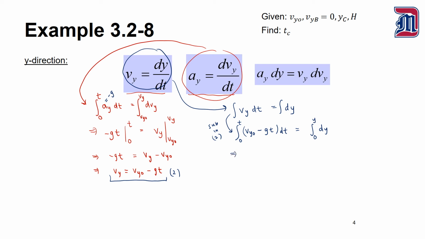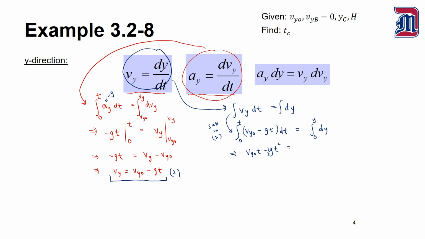The antiderivative of v sub y0, which is a constant, just becomes that constant times t. That negative g is a constant, so that could come out front. The antiderivative of t will add 1 to the exponent, and then we have to divide through by 2 to cancel the exponent when it comes down.